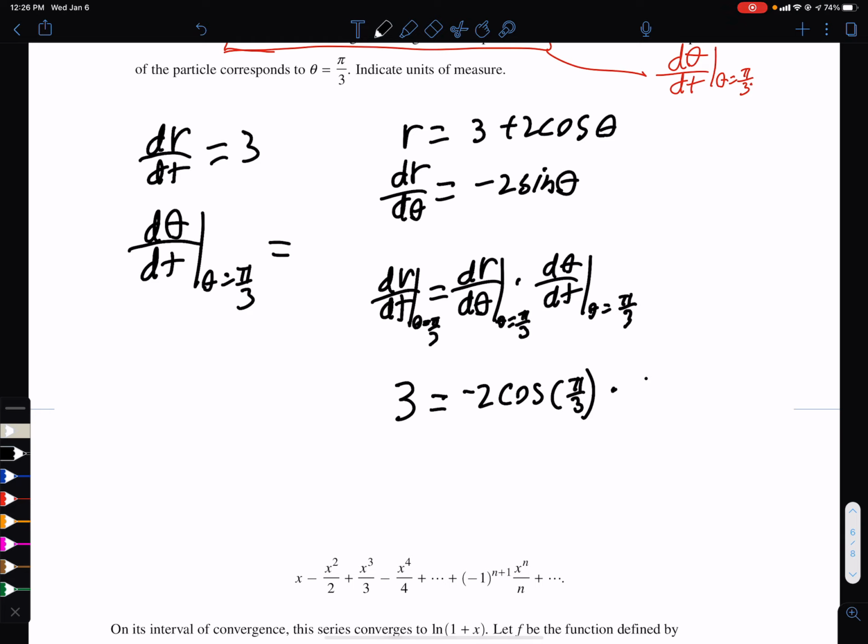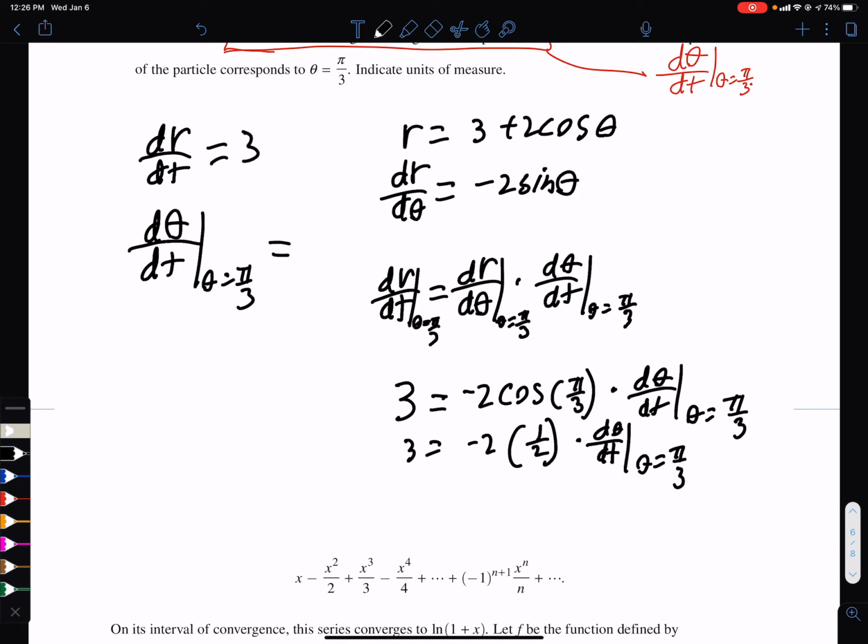And I will do this another way for you also. d theta/dt at theta is pi over 3. Cosine of pi over 3, I can do that. Cosine of that is 1/2. So these cancel, leaving negative 1.